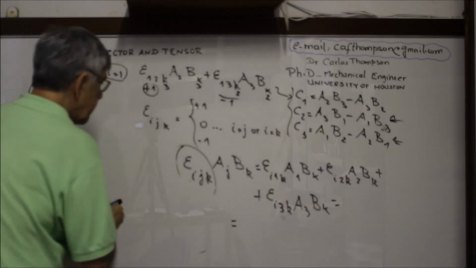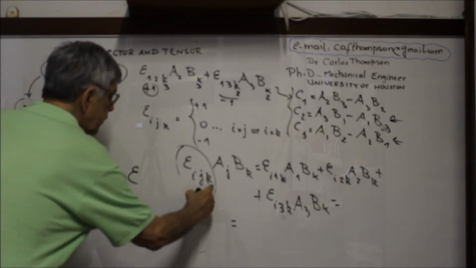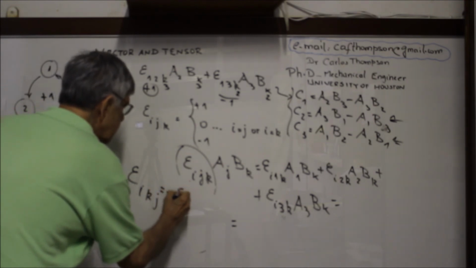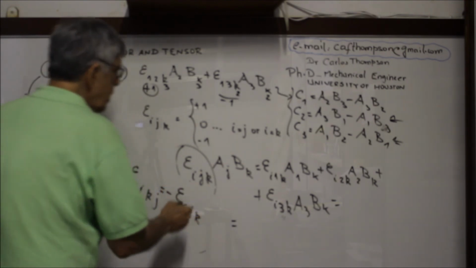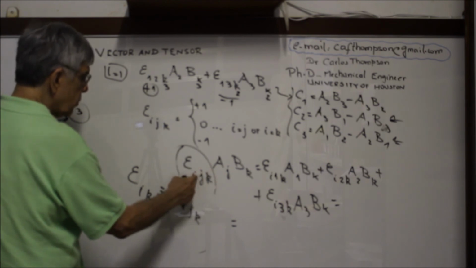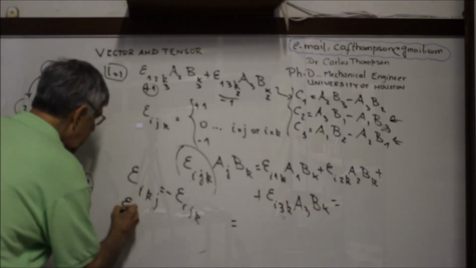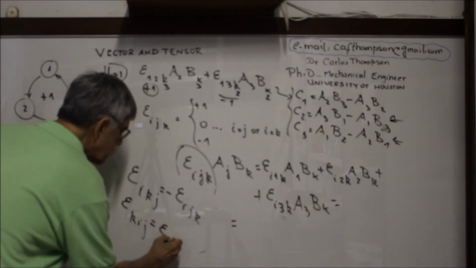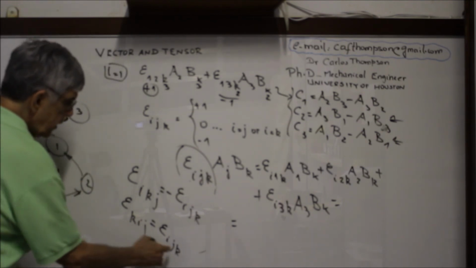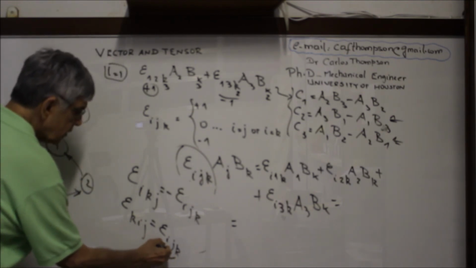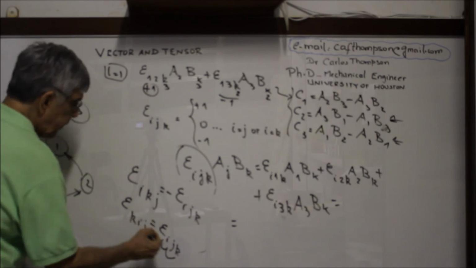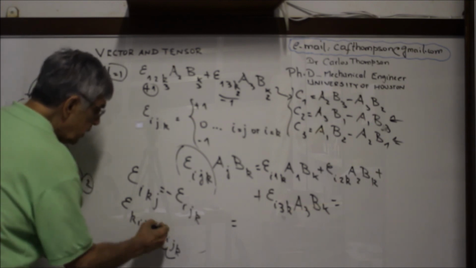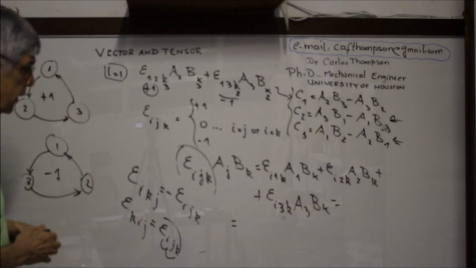Epsilon IJK, if you move K, I, K, J, this is minus epsilon IJK, because you just move K here in the middle. Now, if you move again, epsilon K, I, J is equal to plus epsilon IJK. You move this K once, and then again, so you change the sign twice. So epsilon KIJ is equal to epsilon IJK.